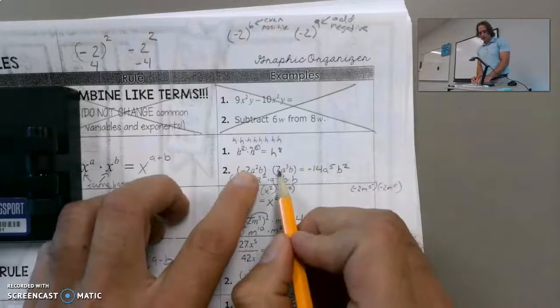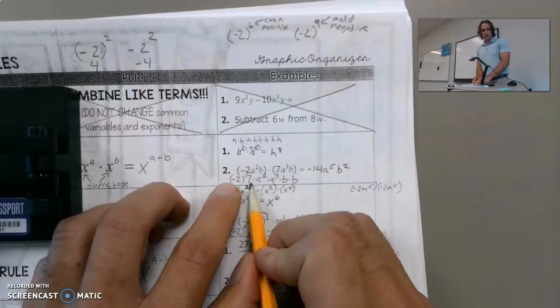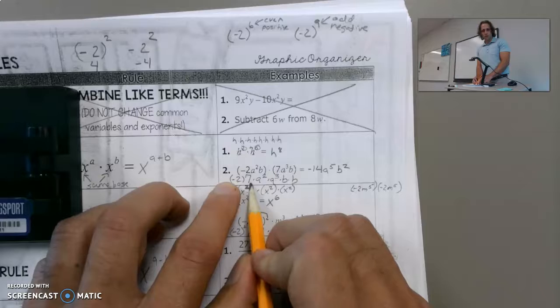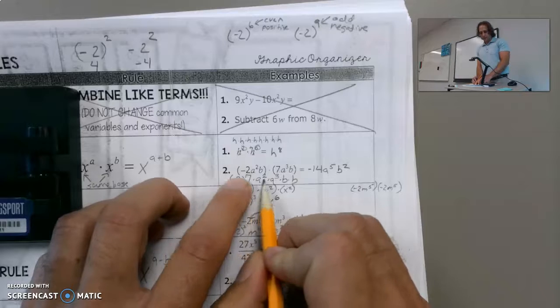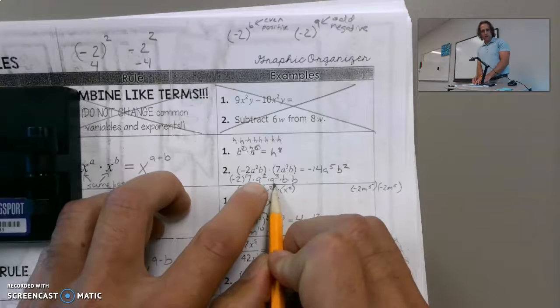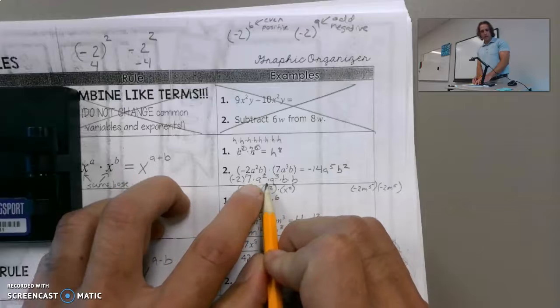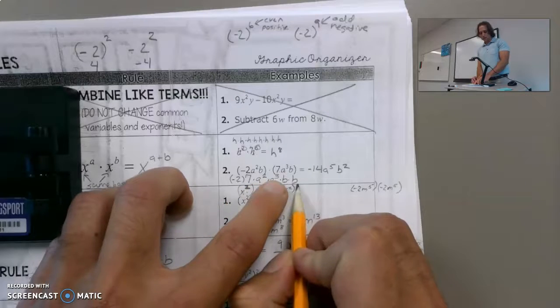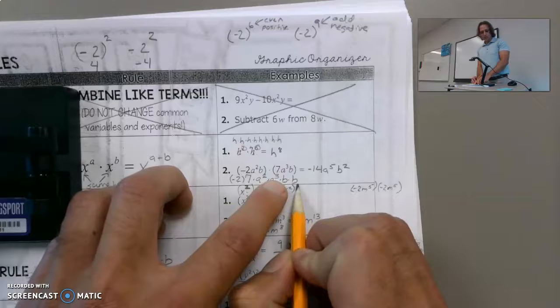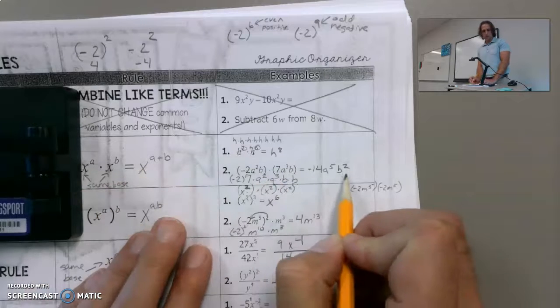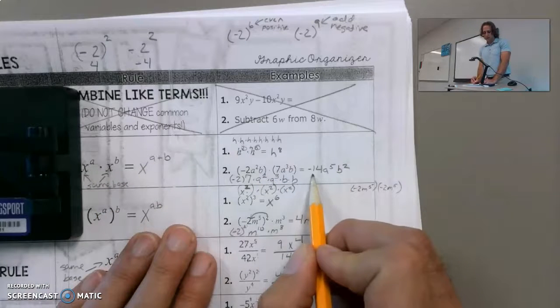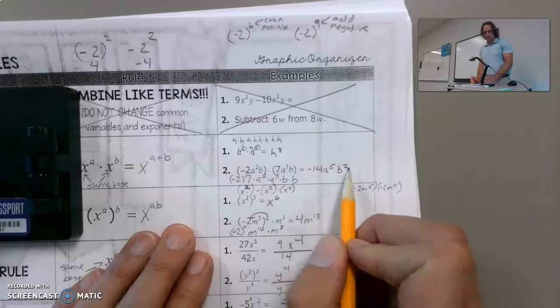So -2 and 7 are going to be multiplied together. They're not like bases, but they're both numbers that can be multiplied together and simplified. A squared and a to the third power, those are like bases, so I'm able to multiply those together and write that in a more simplified version. And b times b, I can multiply those together and write that as b squared. So my answer is -14, a to the fifth, b squared.